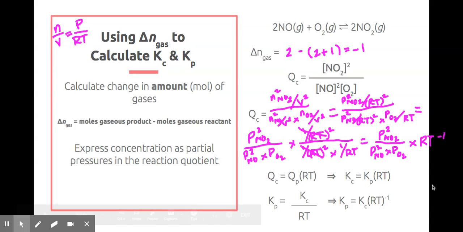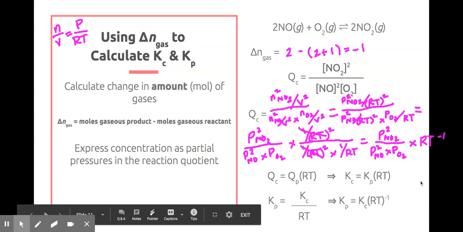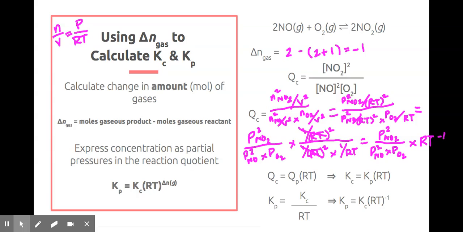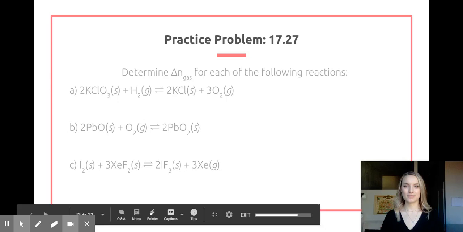So what this actually shows us is that Kp is equal to Kc times RT to the power of the change in the amount of gases, or RT to the delta n power.